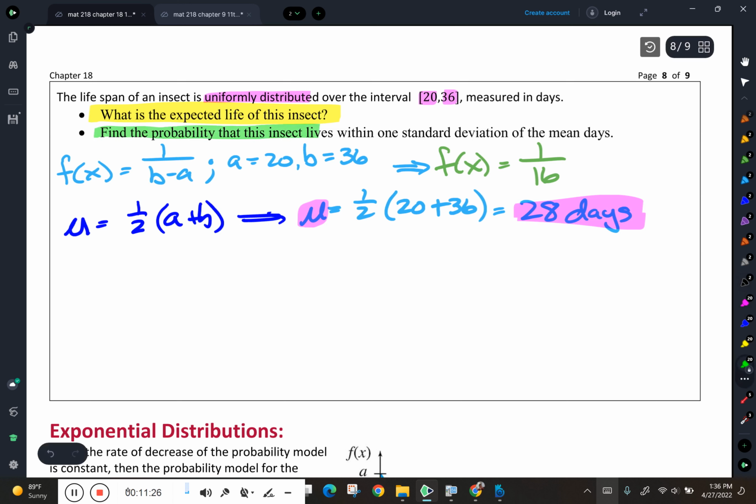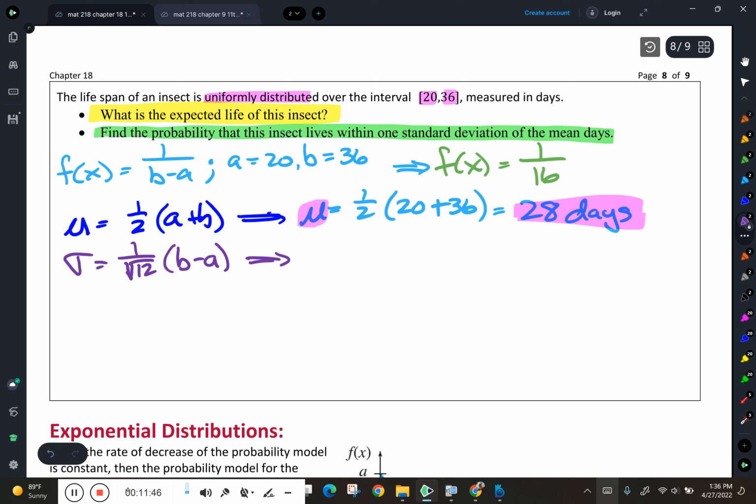Find the probability that the insect lives within 1 standard deviation of the mean days long. Uh-oh. In order to do that probability, though, I need to know a standard deviation. So let's go ahead and get that standard deviation. Standard deviation is 1 over the square root of 12 times b minus a.